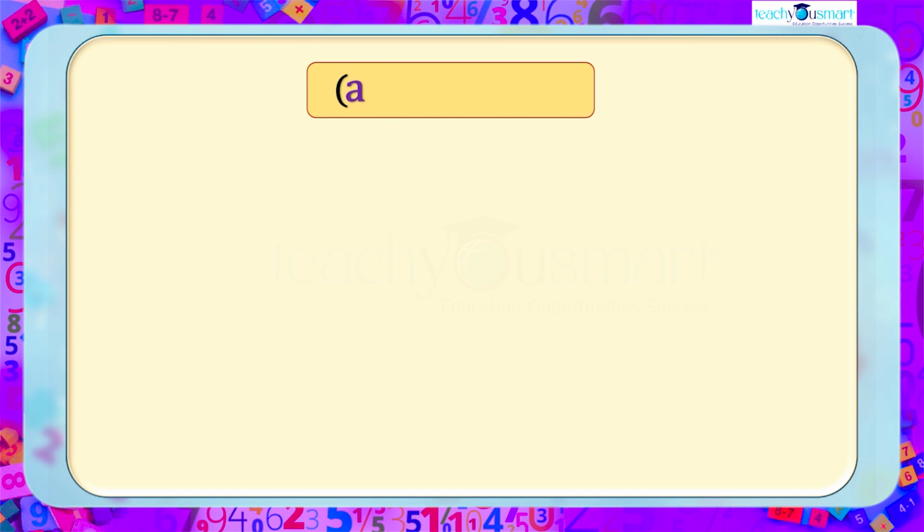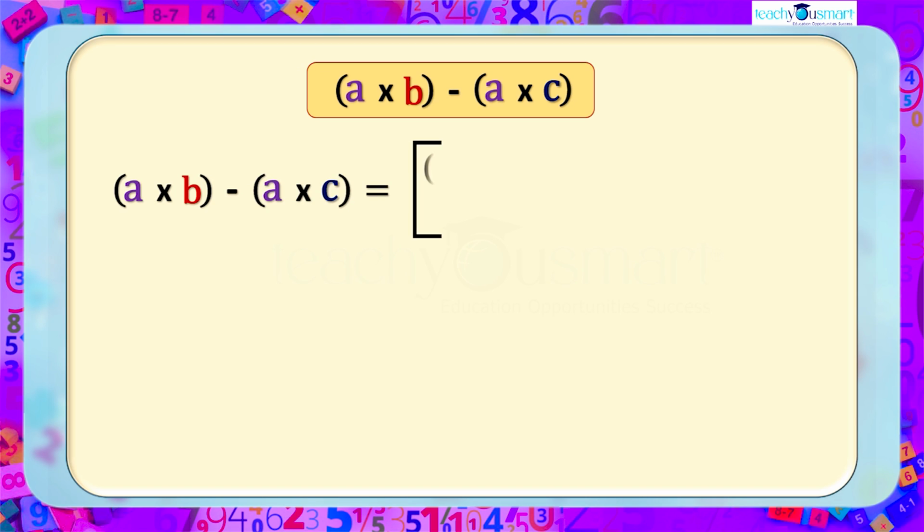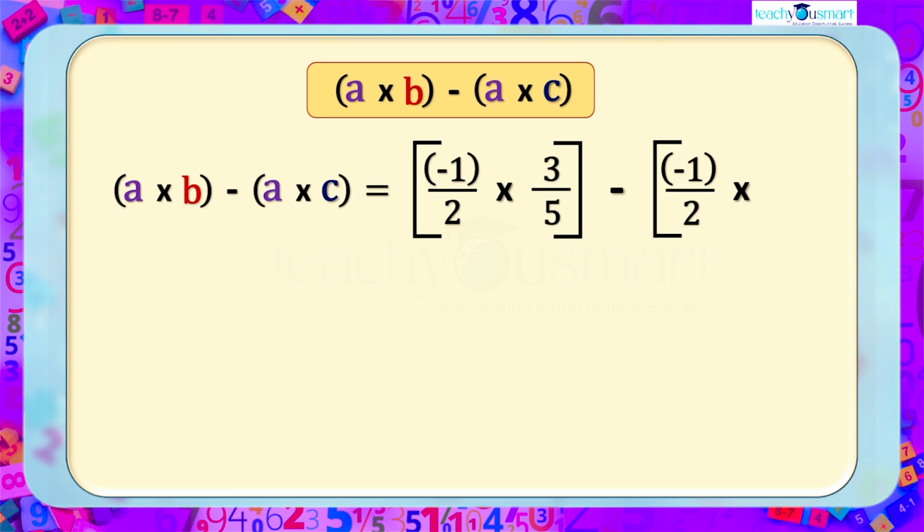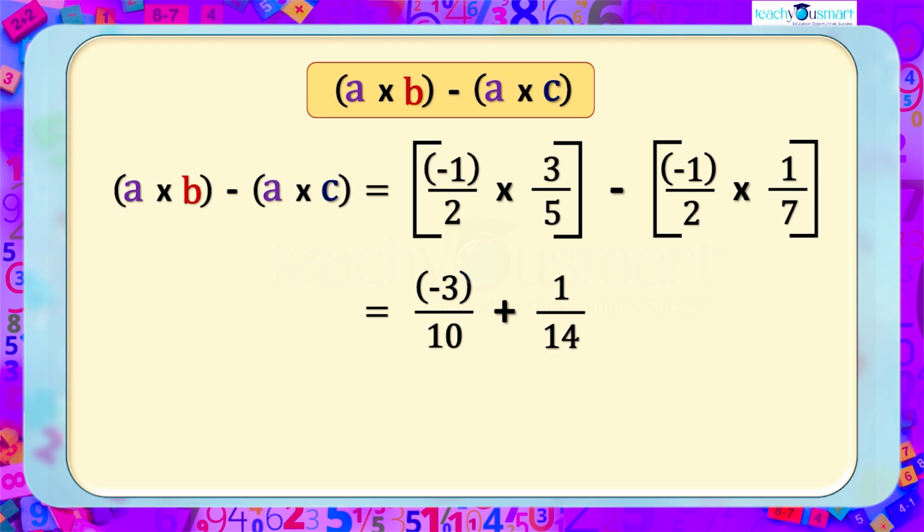Now, we can find the value of a × b - a × c. a × b - a × c = -1/2 × 3/5 - (-1/2) × 1/7 = -3/10 + 1/14. LCM of 10 and 14 equals 70.